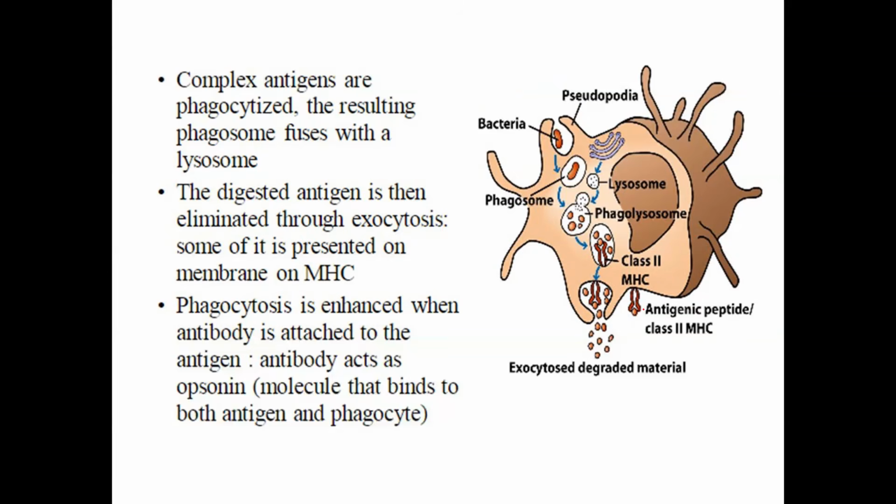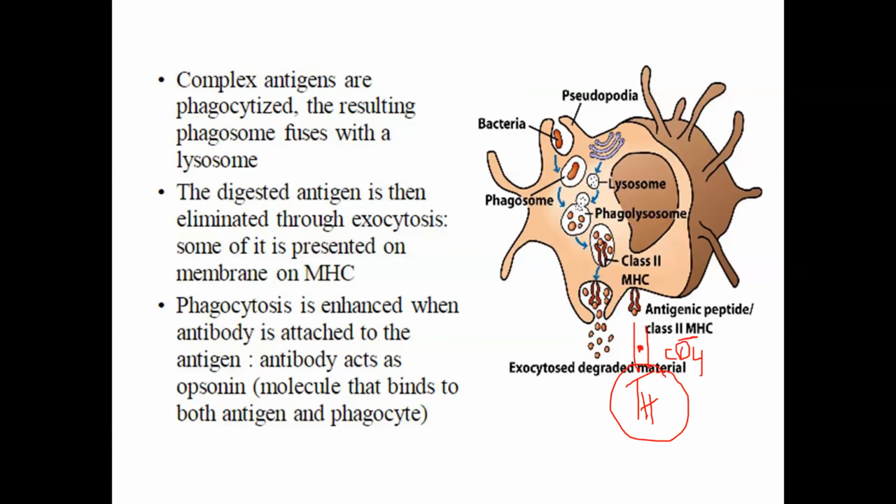Anyway, all the students listen now. Finally, friends, a little part of the antigen is expressed on the MHC. Now you tell me, which cell will come now? Undoubtedly, the T helper cell will come. Yes or no? Now, T helper cell, this is class 2 MHC. Then, with the help of the CD4 surface marker, the T helper cell will take the antigen.